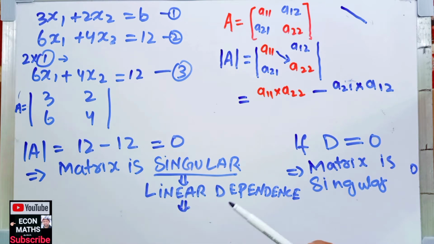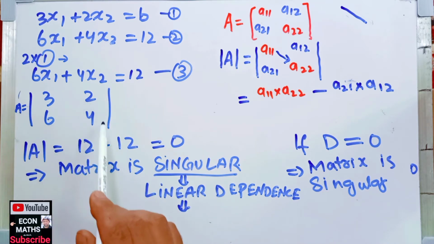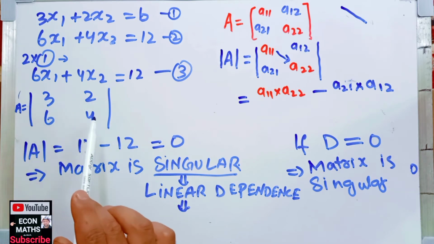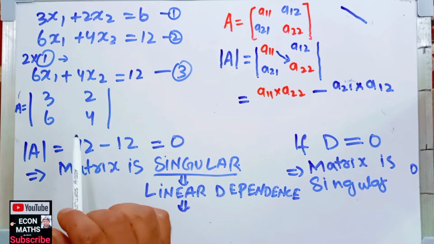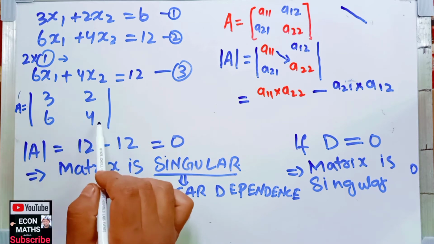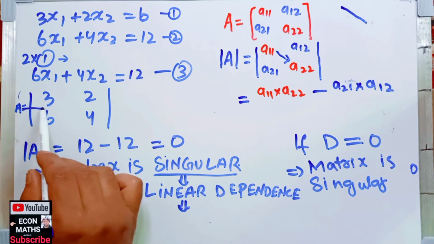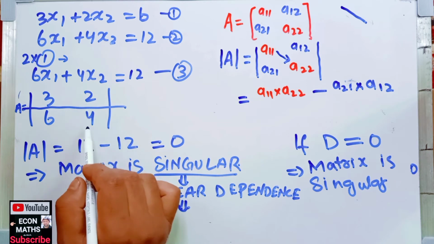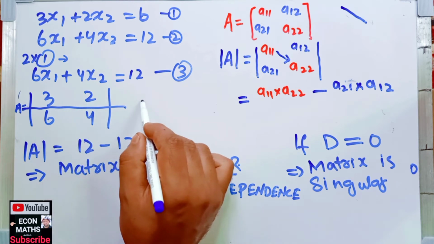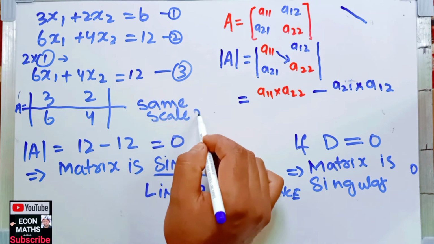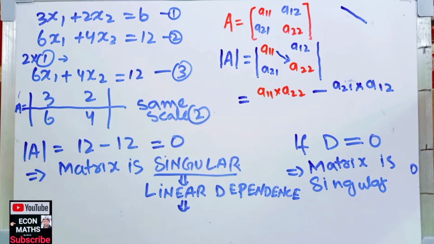So we can see here also that the first row and second row are dependent on each other, because the second row is scaled up by a factor 2, because 3 2s are 6, 2 2s are 4. So there is the same scale, that is 2. So this was all about the determinants and the singularity.